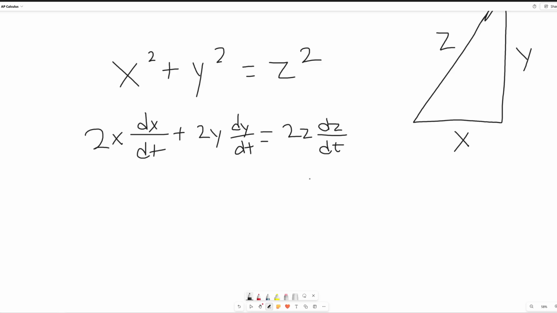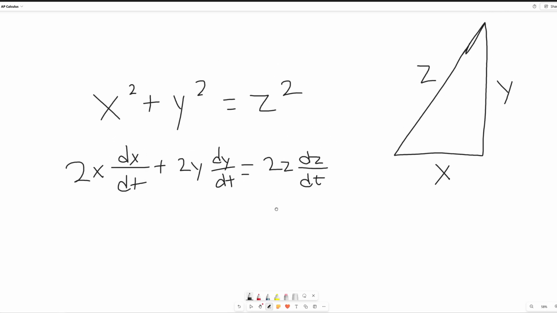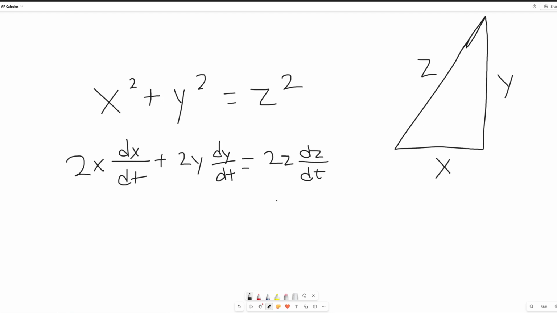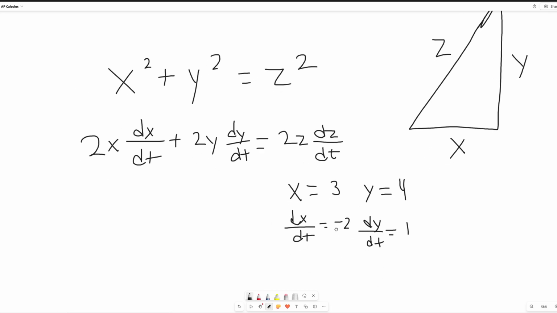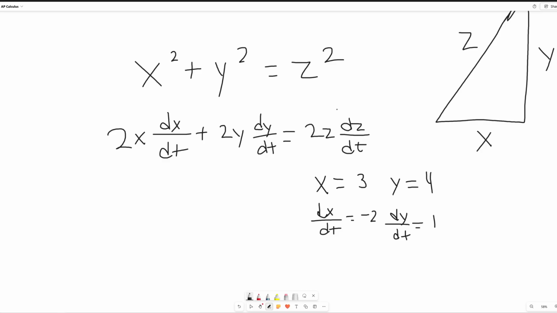That's a lot of information. So in a related rates problem, you want to write out the givens. So what did I just give? X equals 3, y equals 4, dx over dt equals -2, dy over dt equals 1. So now, we want to algebraically manipulate for dz over dt.